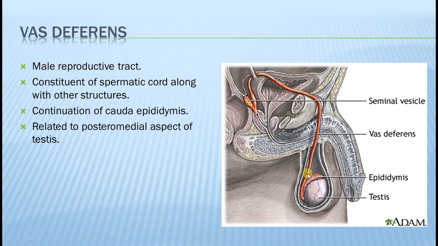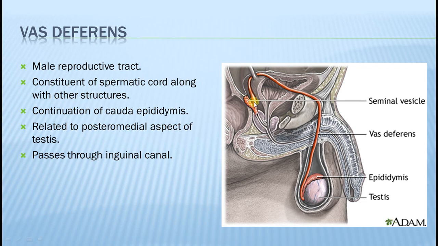Then, as I told you, it enters into the spermatic cord, forming the main constituent of the spermatic cord. Then it traverses the inguinal canal. Then on the lateral wall of the pelvis, it is very intimately related to the external iliac vessels. Then it turns medially downwards, related to the posterior part of the bladder.